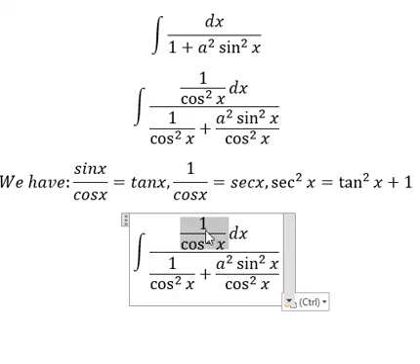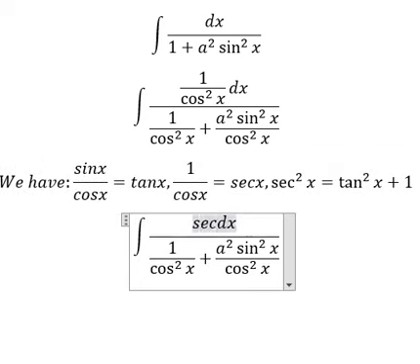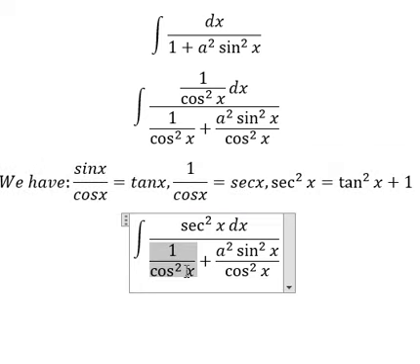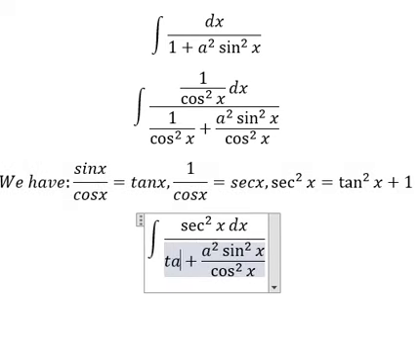So 1 over cosine x squared we transform into secant of x squared. This one we need to transform into tan x squared plus 1 because this is about secant of x squared.